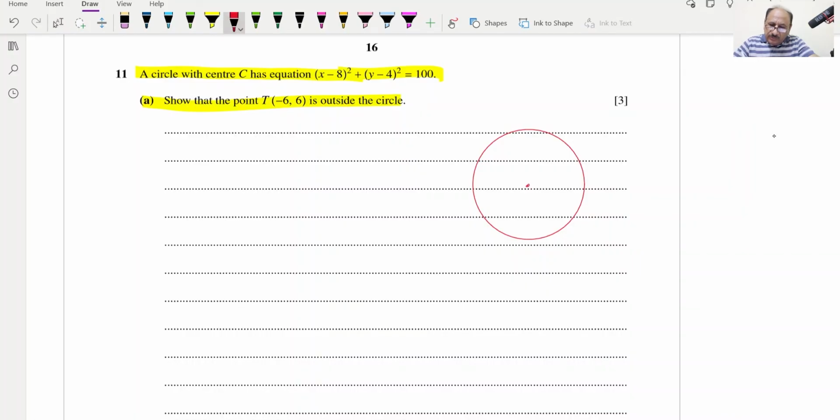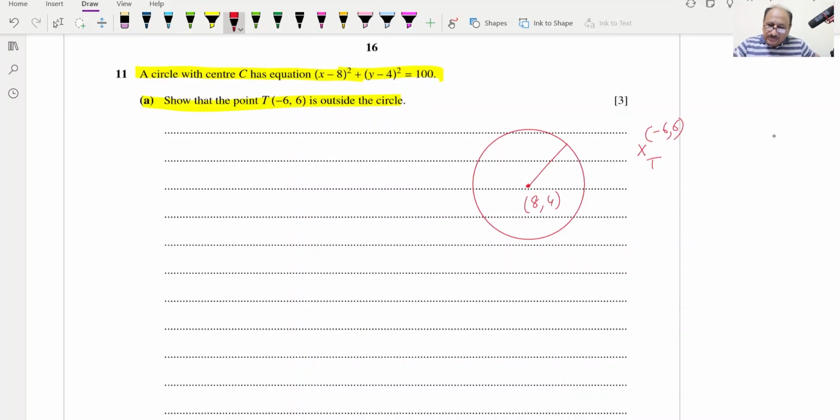Center will be 8 and 4, so this will be the center, and the point is minus 6 and 6. Say for example, if it is over here, which is T, having minus 6 and 6. Now if we know the radius is what? The radius is up to this one.